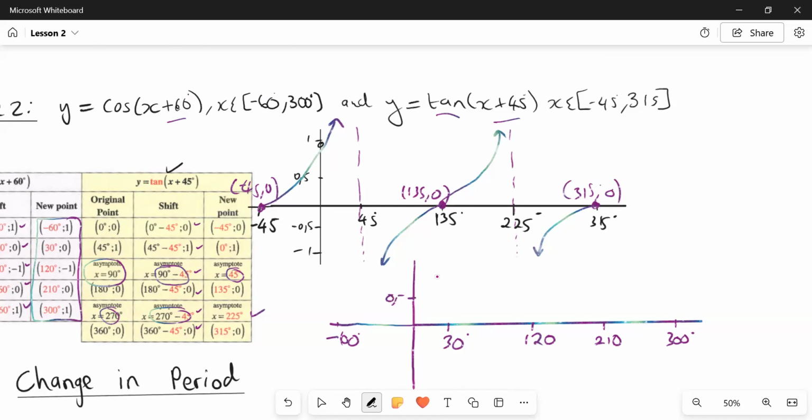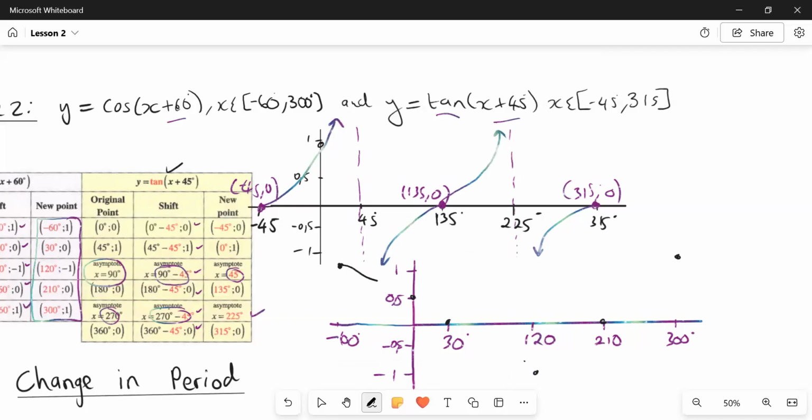We have 0, 0.5 and 1, and here you have negative 0.5 and negative 1. So for minus 60, you have positive 1, it passes here. And then for 30, you have a 0. And for 120, we have negative 1. 210, 0. And then 300, you have 1 again.